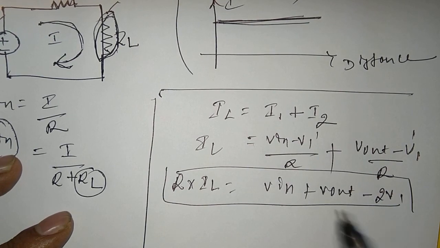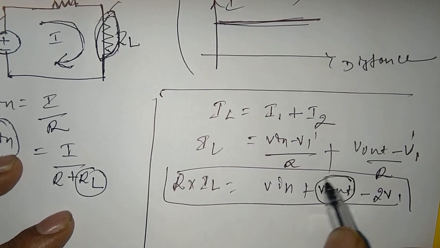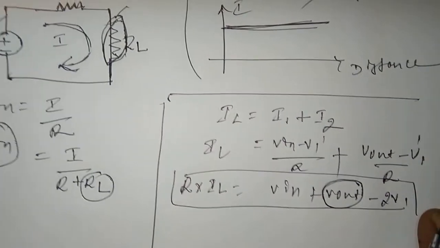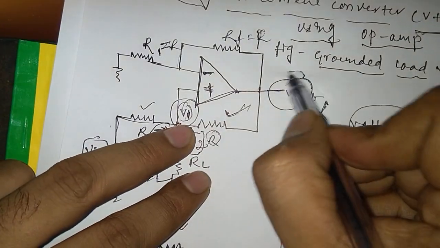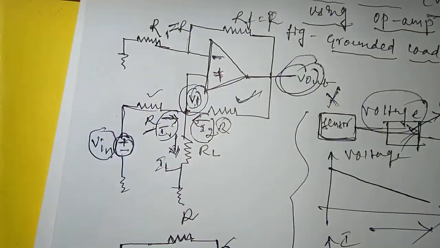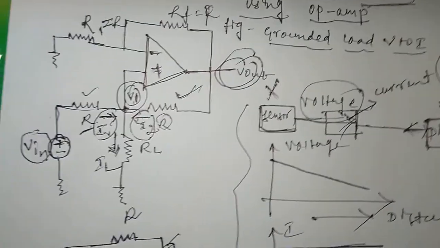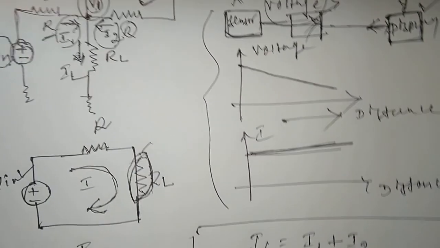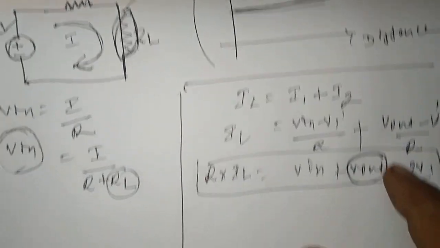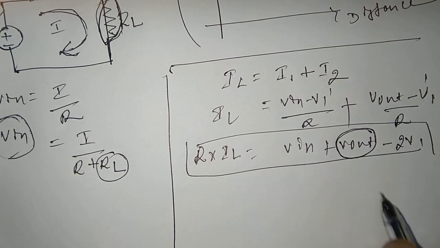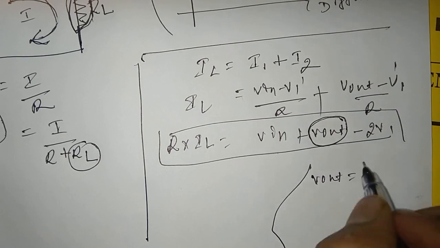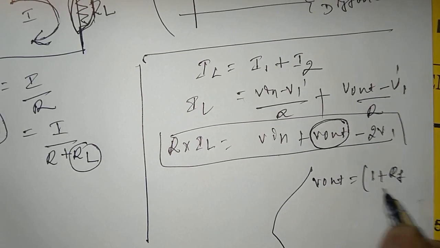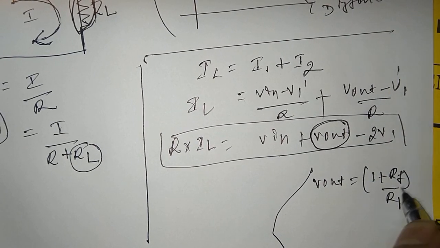Okay, now let us try to understand the value of this V out. V out is nothing but this output voltage, right? This circuit is connected in the fashion of a non-inverting type of op-amp. For a non-inverting op-amp, V out is given as (1 plus RF divided by R1) into V plus.